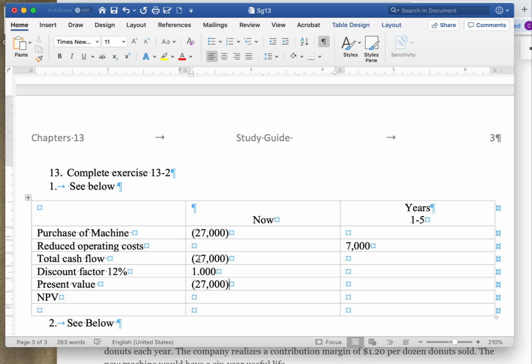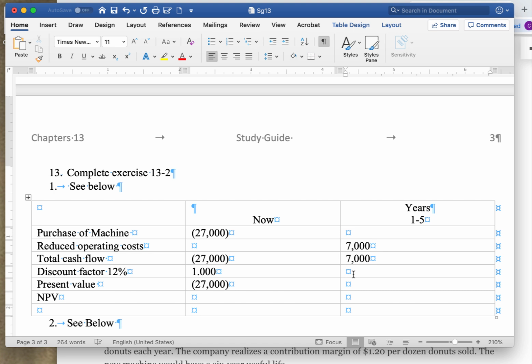Okay. Now let's look at my inflows. What are my inflows? Well, I'm going to have a total cash inflow of $7,000 per year for 5 years, okay? I need to bring that to today's amount. So I need to identify what factor I'm going to use. Easy peasy lemon squeezy. Why?